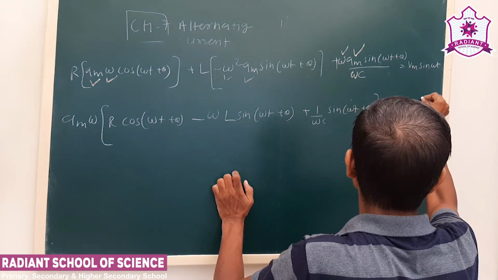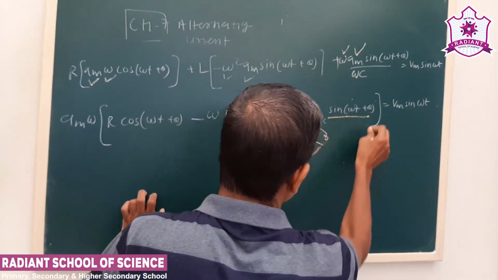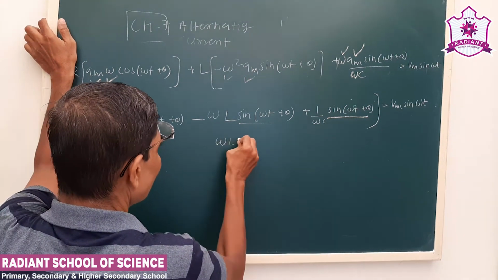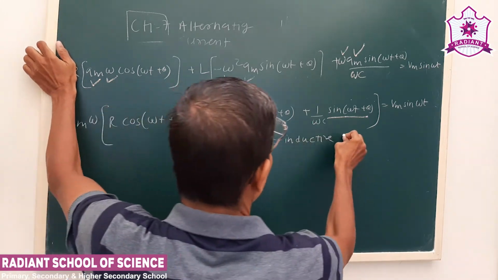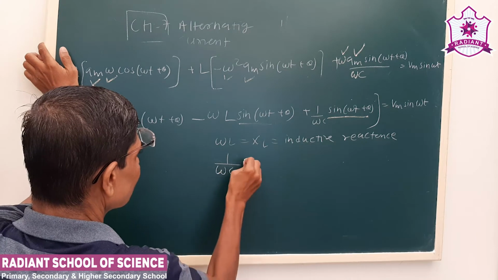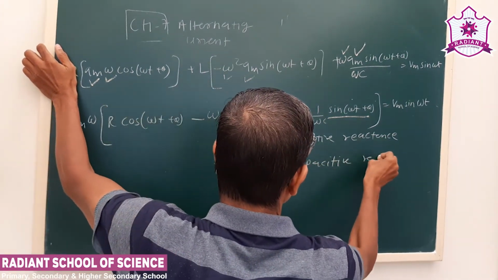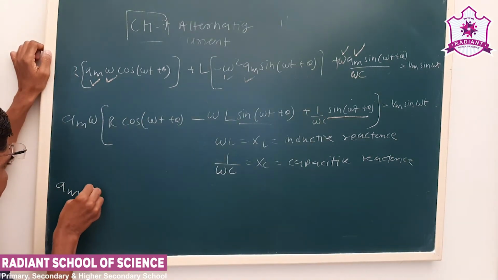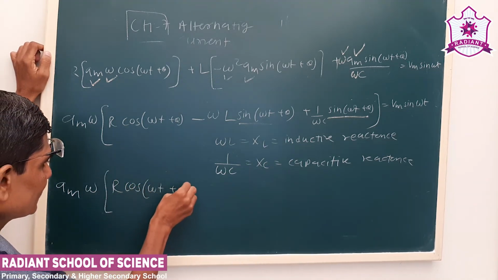Now I want to keep the terms with sin(omega t plus theta) together. Before that, omega L is XL, the inductive reactance, and 1 upon omega c is XC, the capacitive reactance. So R cos(omega t plus theta).